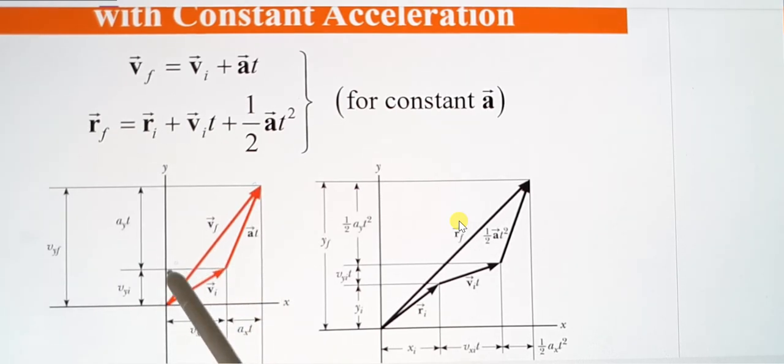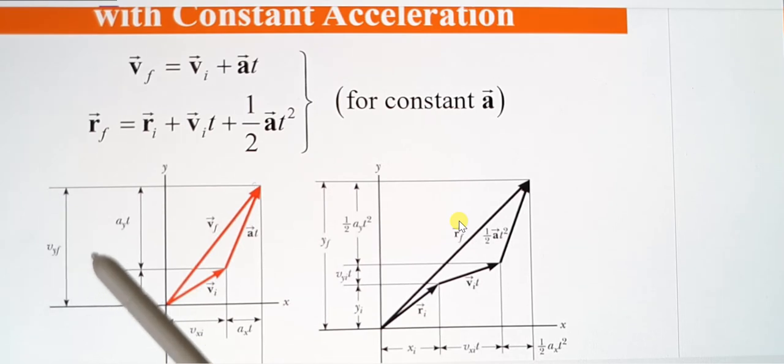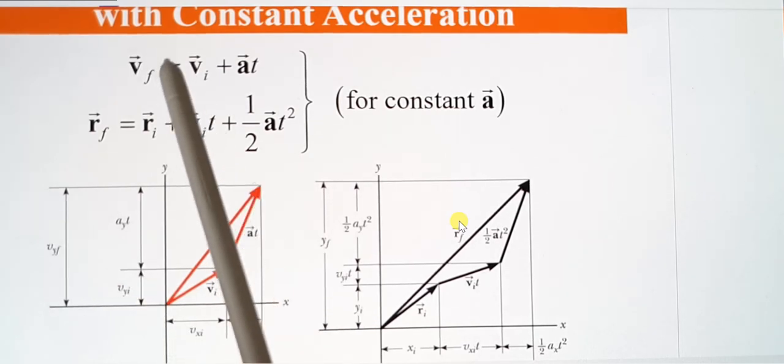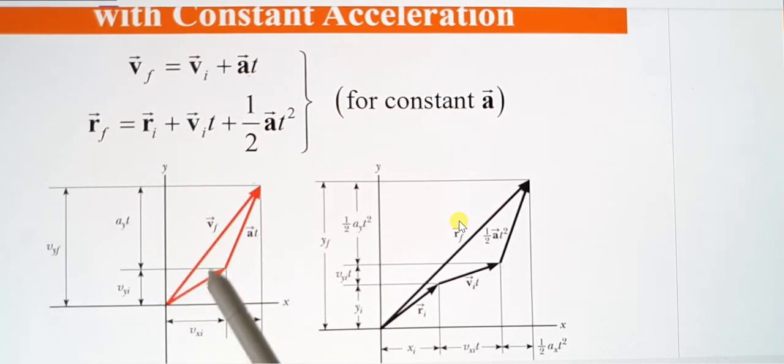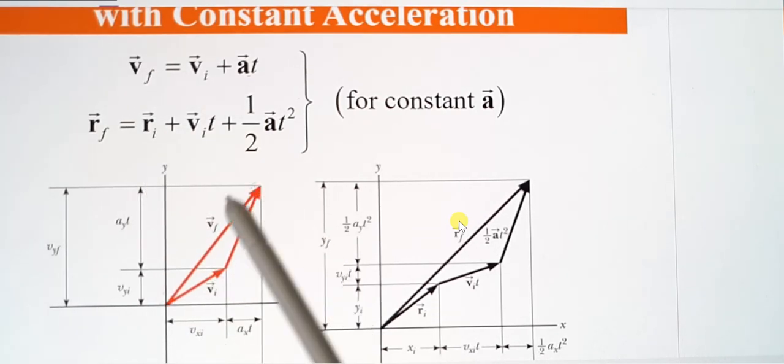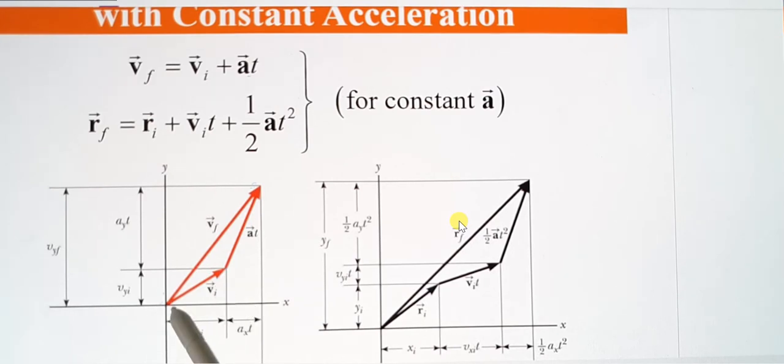That is V final. You can also write it as V final minus V initial is equal to AT, that's correct. But written like this, it's clearer that V final is equal to V initial plus AT, the second vector, so it's an addition.